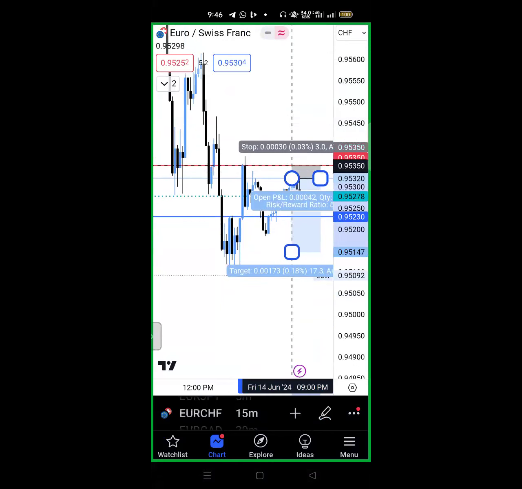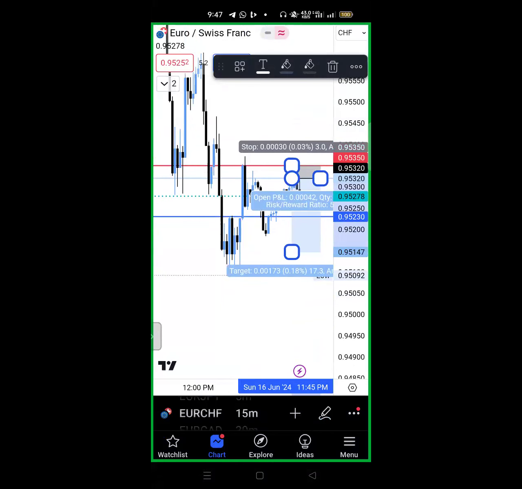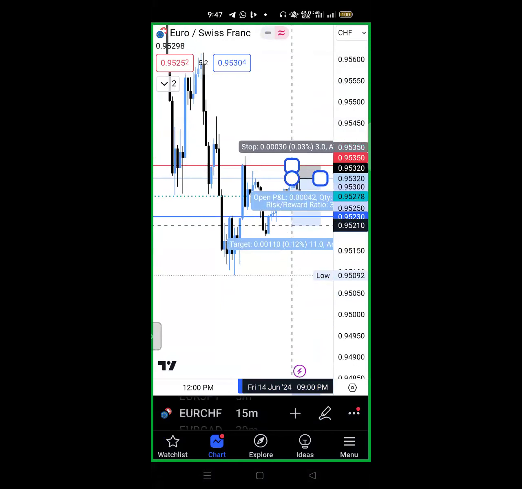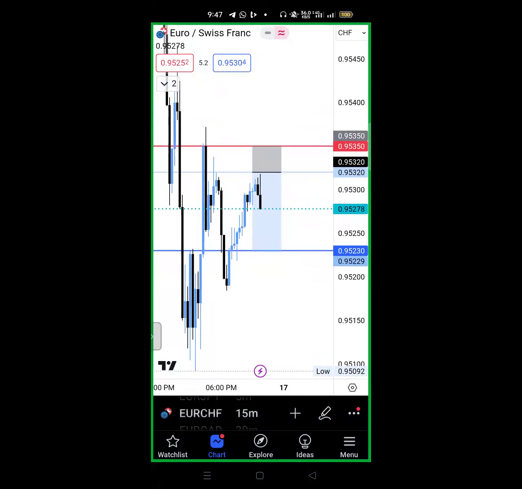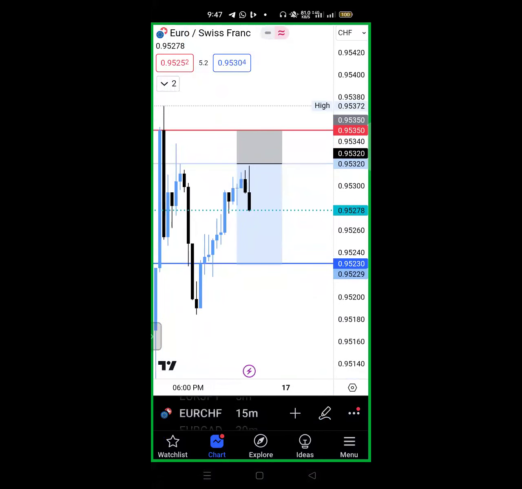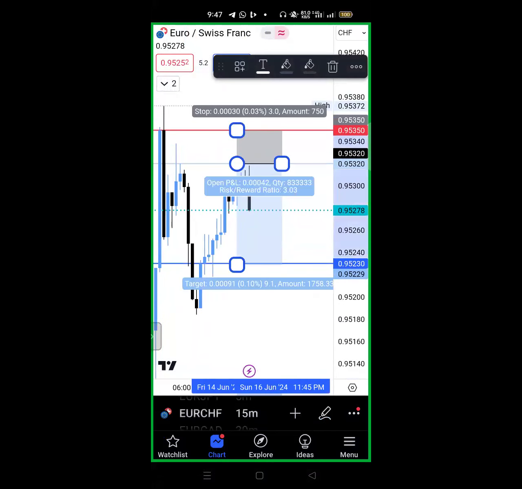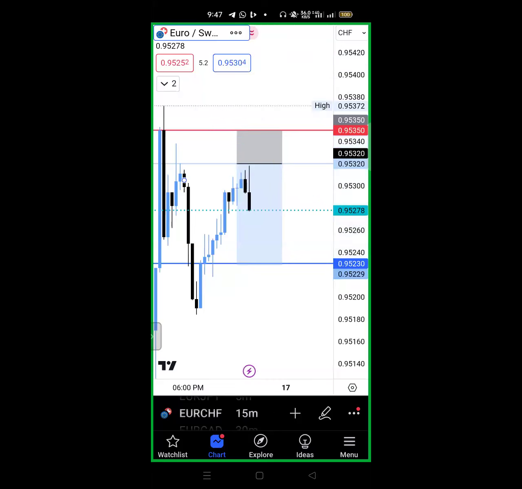Guys, don't mind my colors. It should be red and green, but I like to make my things calm. I don't like sharp colors. It distorts my vision. So I chose all these colors. This light blue is the profit area, while this one is the stop loss area. So now, Manara expects this market to come to this place and then come down.